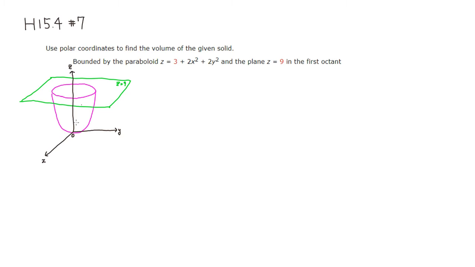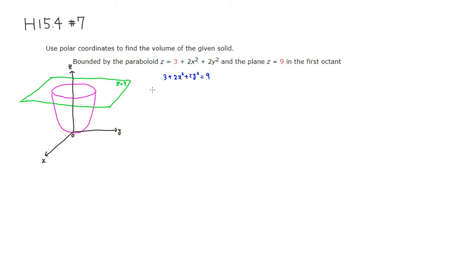Then it looks like there is going to be a circle, the intersection between the plane and the paraboloid. So what kind of circle is that? We set them equal to each other: 3 plus 2x squared plus 2y squared is equal to 9.